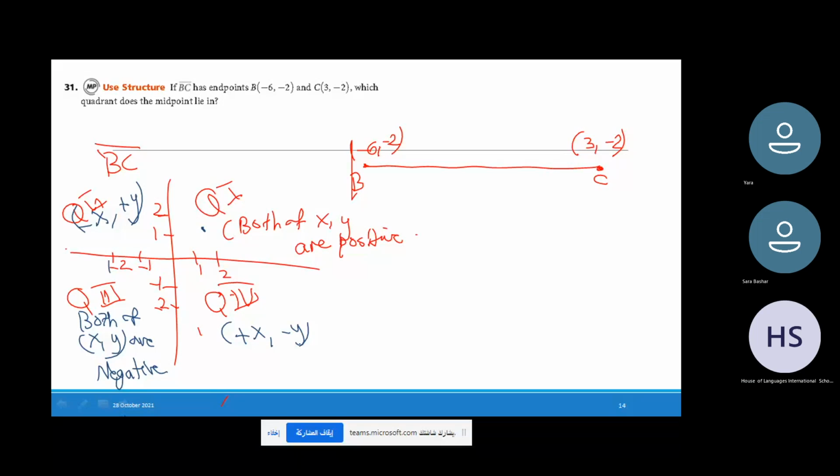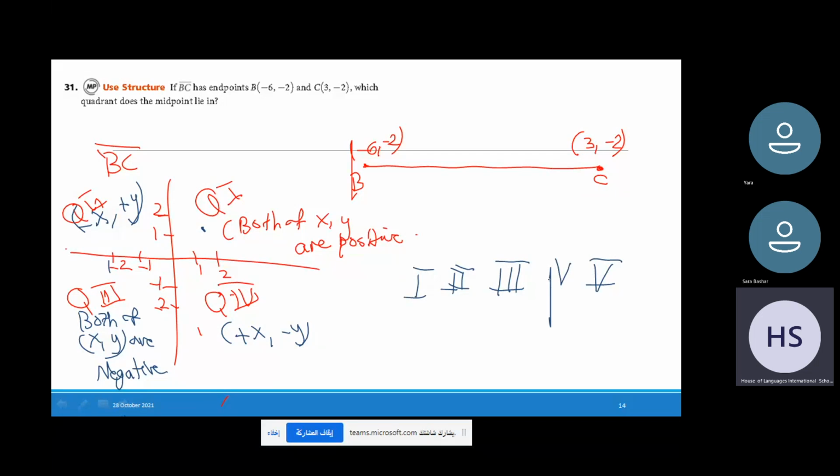Quadrant 4. I told you yesterday, these are Roman letters or Roman numbers. 1, 2, 3. Now they write 5 like this. This is 5. If you put 1 before it, it means 4.